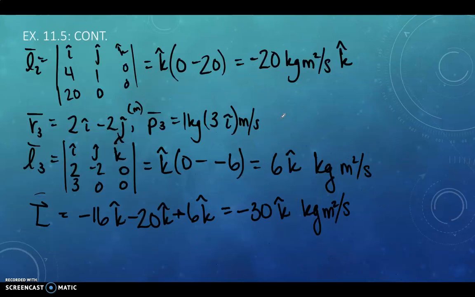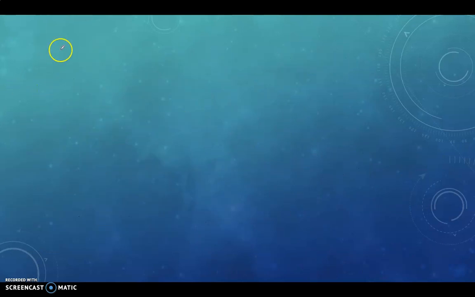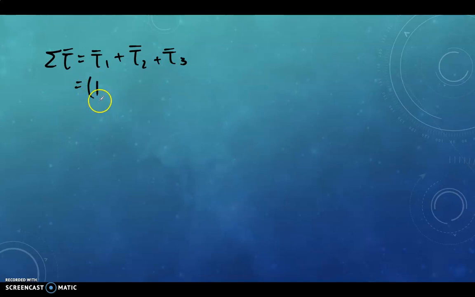So if I go here, our summation of torques is going to be tau 1 plus tau 2 plus tau 3. We've got our r, which is 1, and it is j hat.